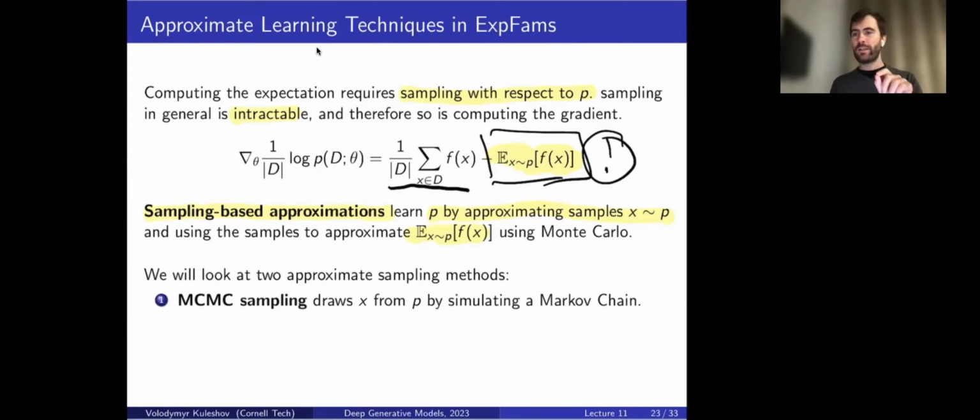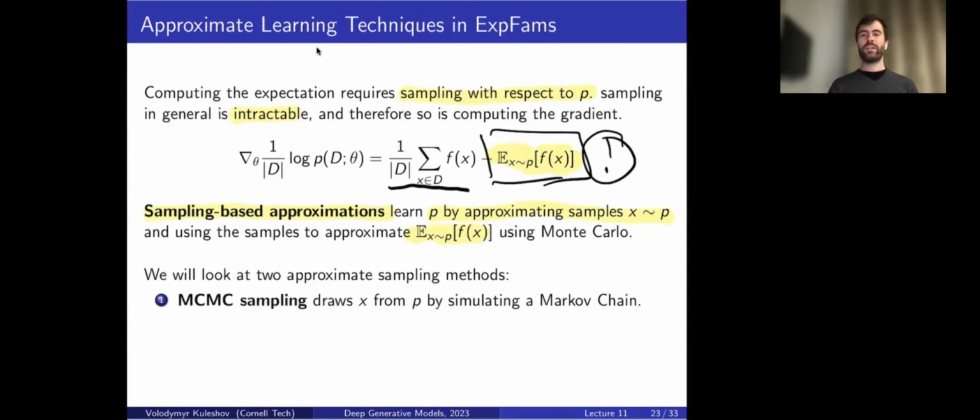Here I have defined a second approach, which is based on sampling: we're trying to reduce inference to sampling. If we can do sampling efficiently, then we can approximate the expected value, then we can approximate the gradient, and then we can perform approximate learning. Okay, so this is a key idea here.